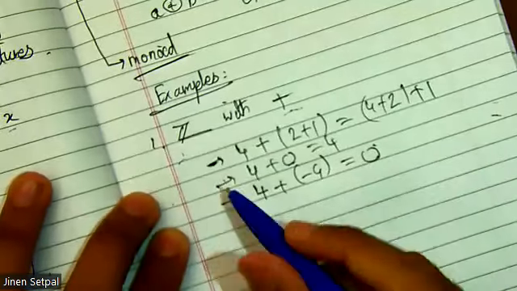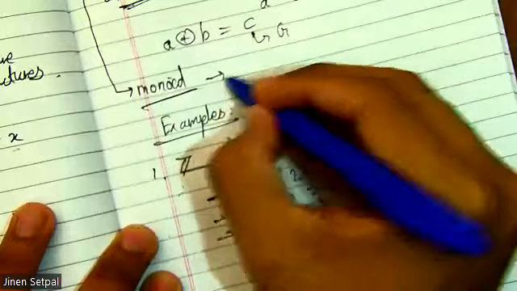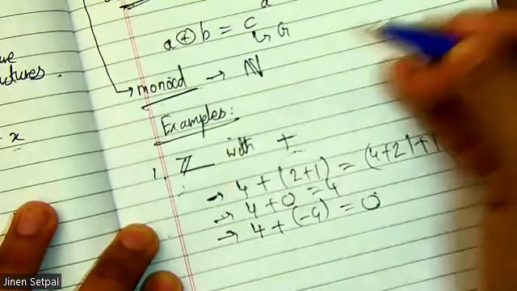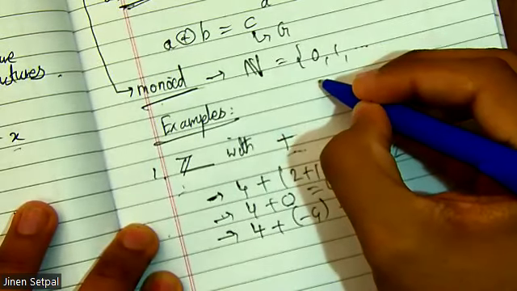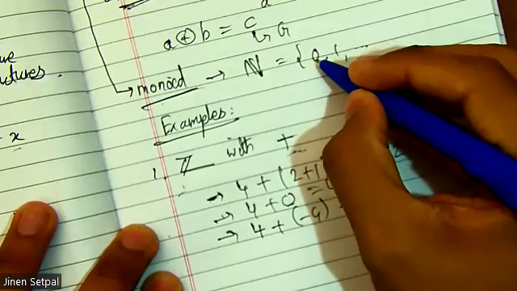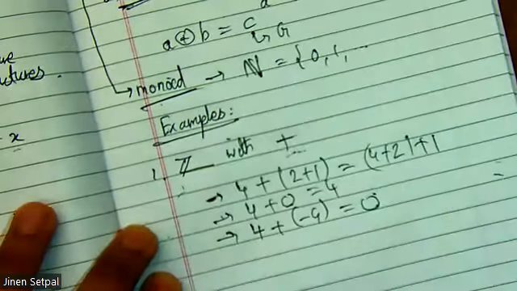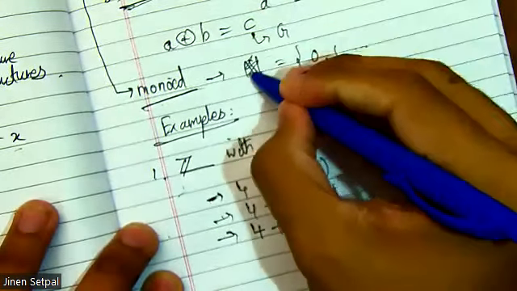If we were to get an example of a monoid, we could say the set of natural numbers is that of a monoid, right? Because natural numbers go 0, 1. Natural does not include 0. Okay, then whole numbers include 0, right? My bad.